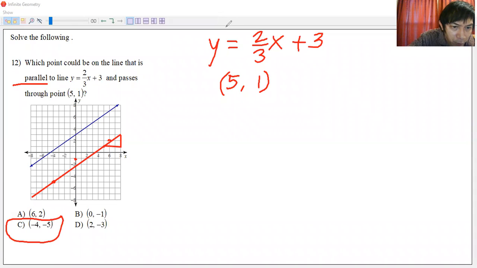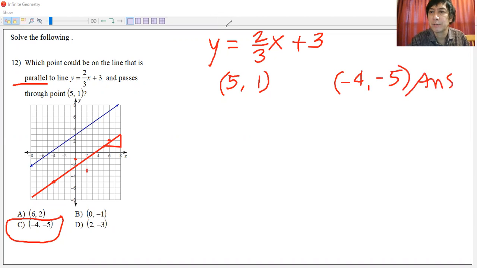All right. 2, -3 is just right there, and it's not on the red line. So letter C is the answer, -4, -5. This is our answer. Is there any way we can verify it?